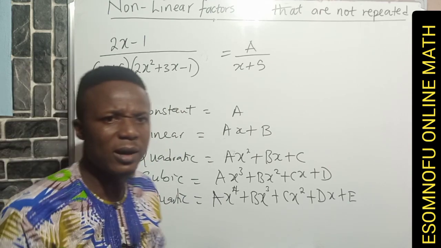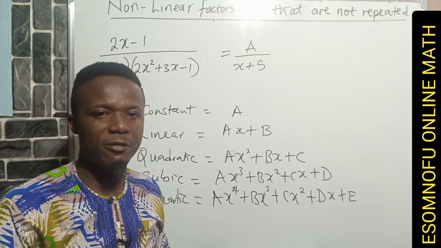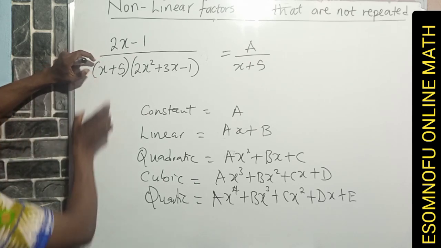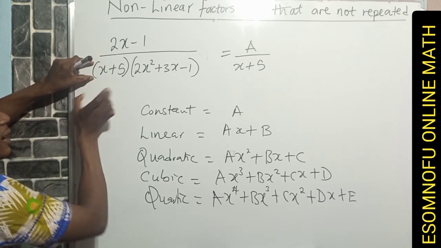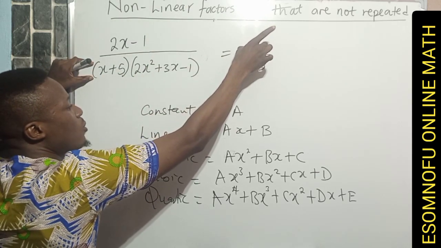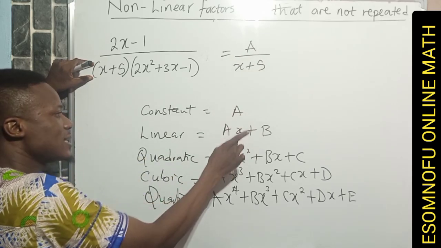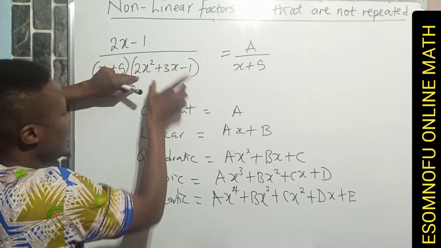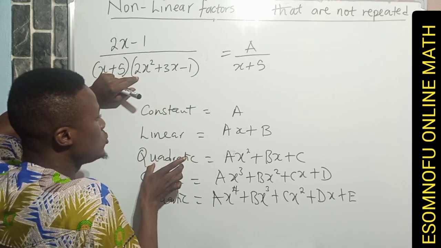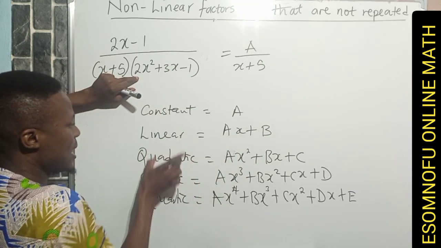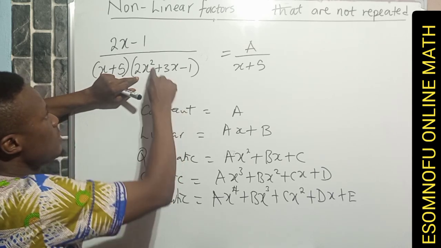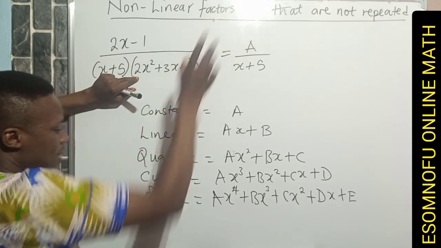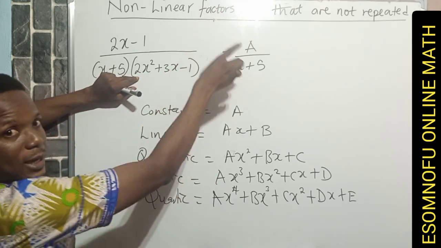Now, what I'm trying to clarify very well here is that when the first factor is linear, I'll use a constant, because constant is directly below linear. But when I have quadratic here, I'm going to use linear, because linear is directly below quadratic. If this is cubic, I'll use quadratic on top. If I have quartic, I'll use cubic on top.